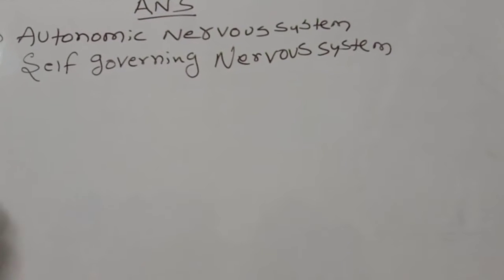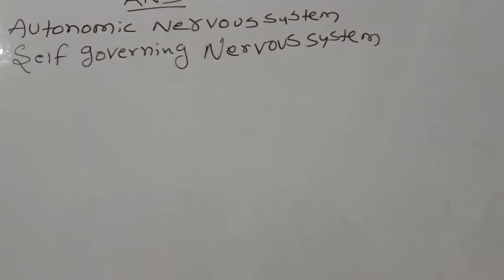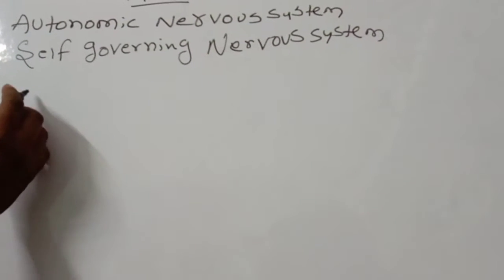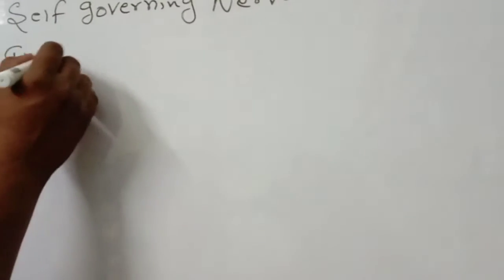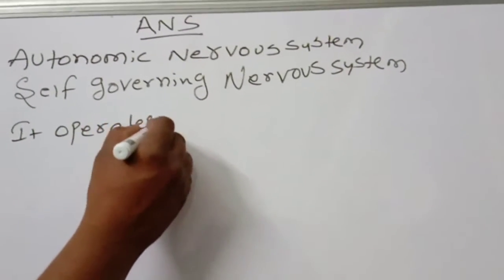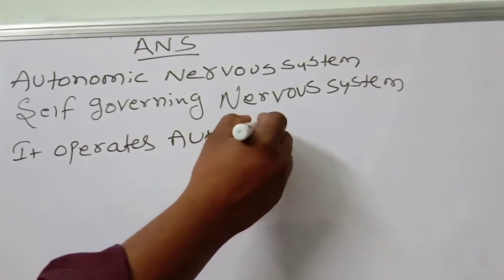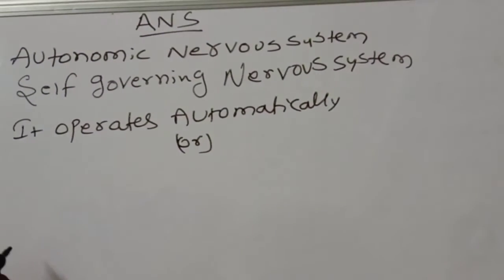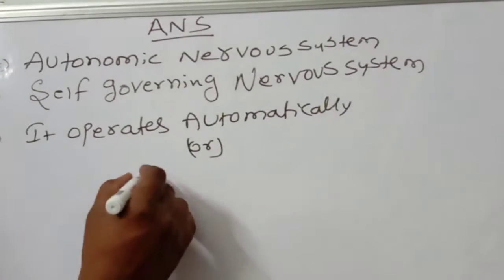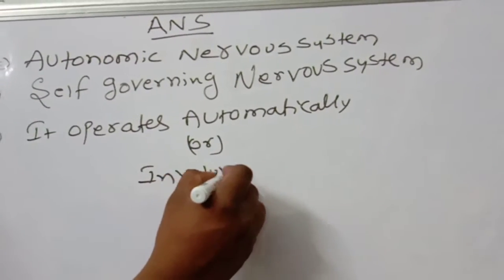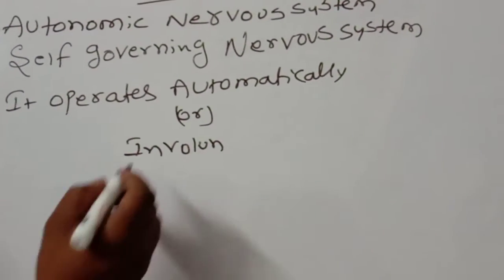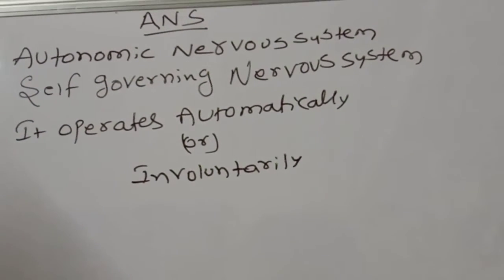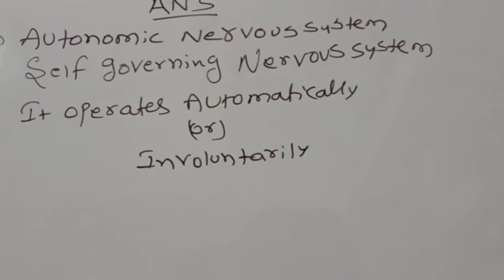This is the point you should remember. Next, it operates automatically, or involuntarily. What is involuntary? That one we are going to discuss: without our involvement. Involuntarily it will be.